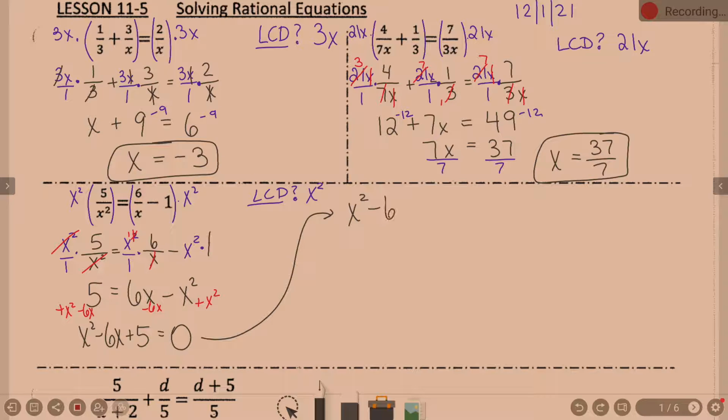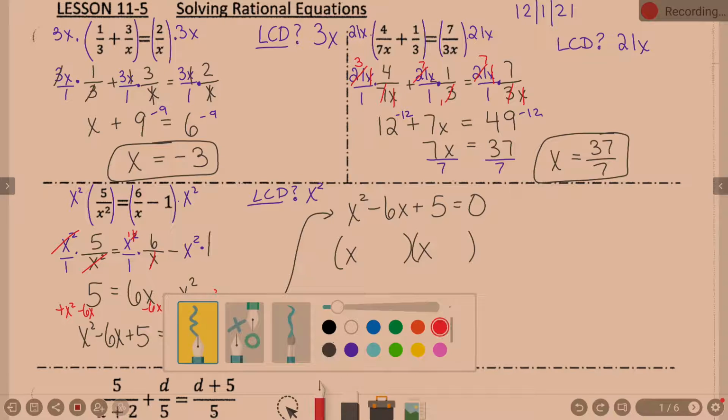What's my next step in solving x squared minus 6x plus 5 equals 0? Yes, it is parentheses. We want to try and factor this. X squared breaks into x and x.